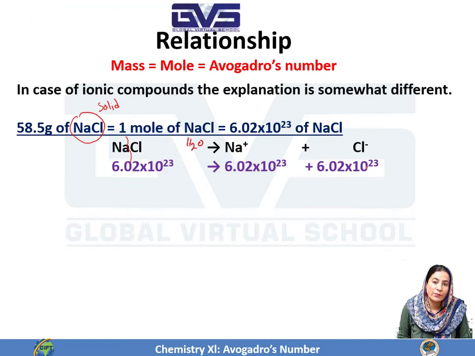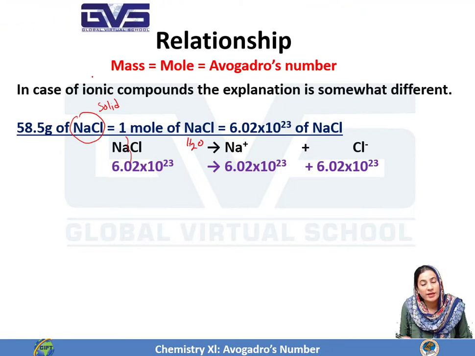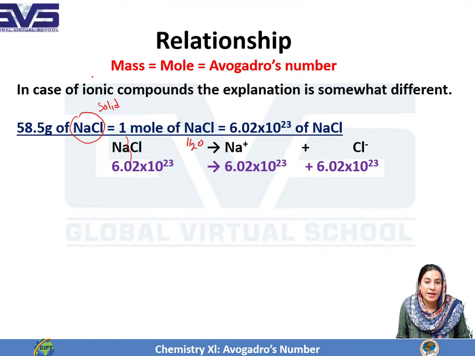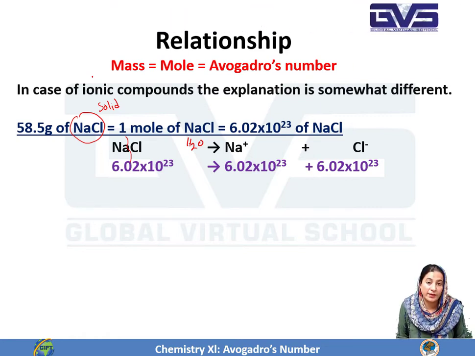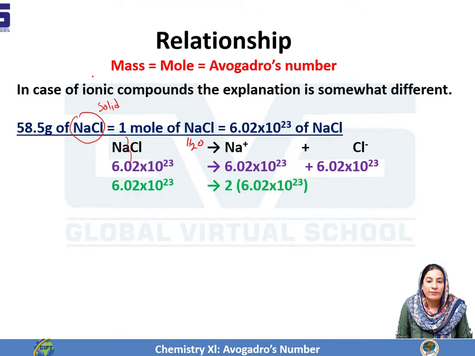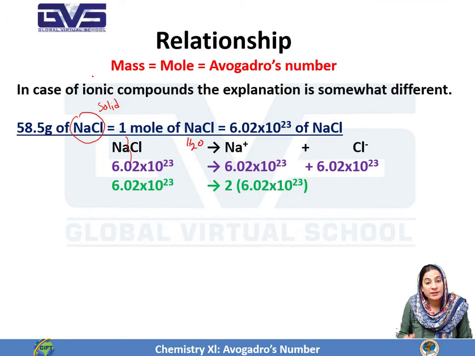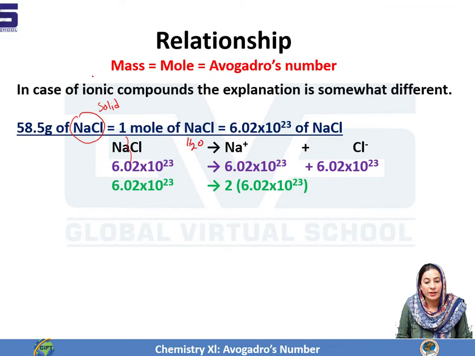So the ionic compound that is splitting into ions, their number of particles will be changed, because ions are considered as particle, atom is considered as particle, molecule is considered as particle. So when sodium chloride is dissolved in water, number of particles in this case will be double Avogadro's number.